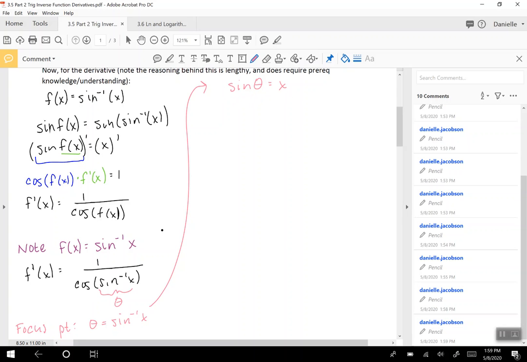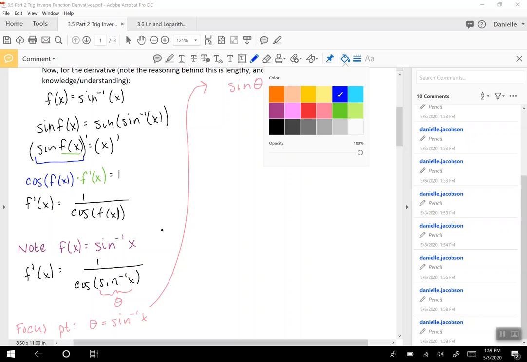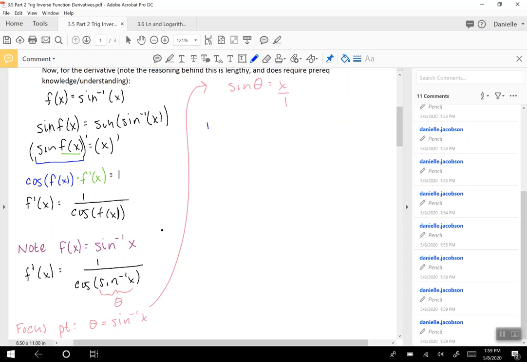So what I'm going to do is use this information to draw a triangle. First thing to know is that x is really the same thing as x divided by 1. They're equivalent. Now I'm going to draw a triangle with some knowledge from my right triangle trig.